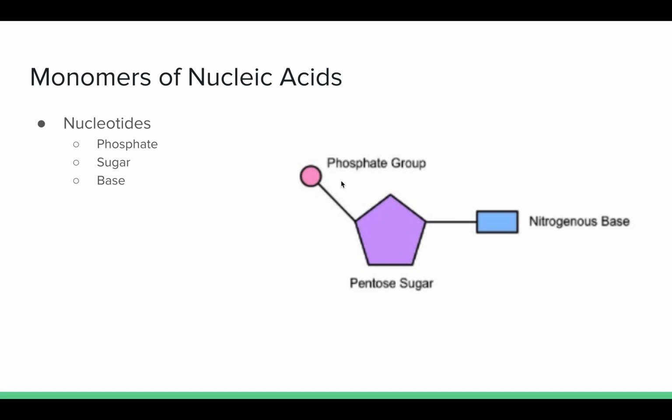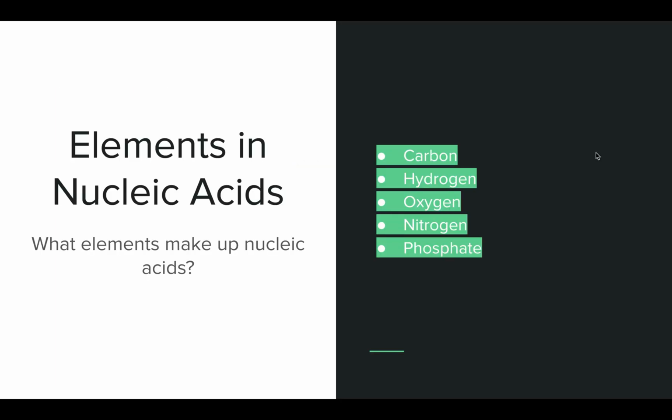Because of this phosphate group, that's going to add a new element that we have not seen into the biomolecule. So if we talk about the elements of nucleic acids, we're talking about carbon, hydrogen, oxygen, nitrogen, and phosphate. And that phosphate comes from that last slide where we looked at the structure of a nucleotide.